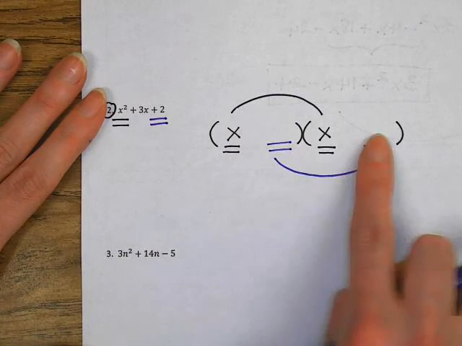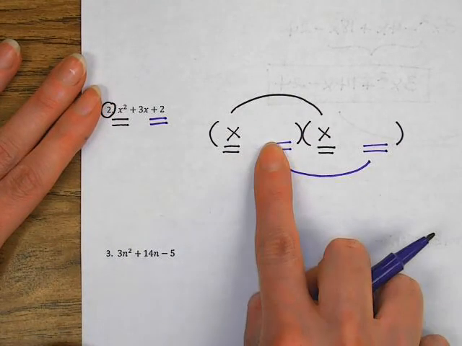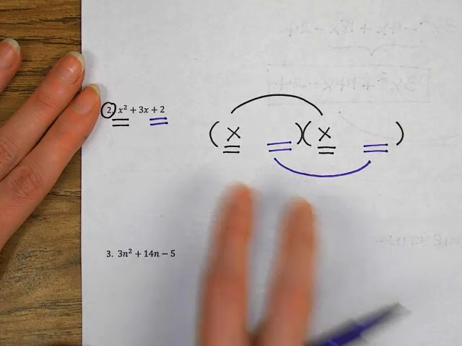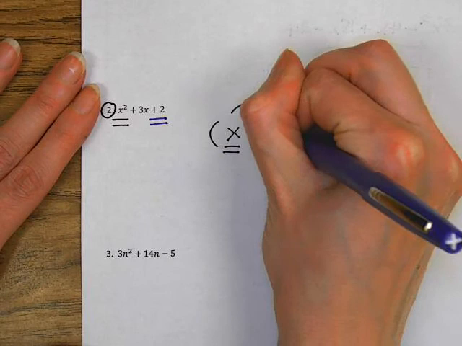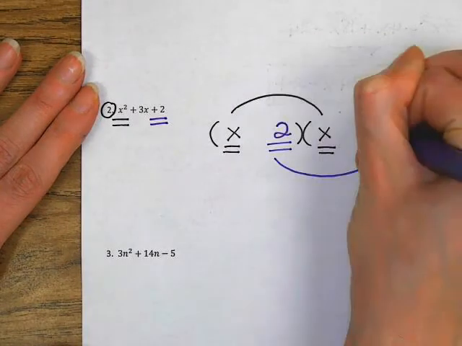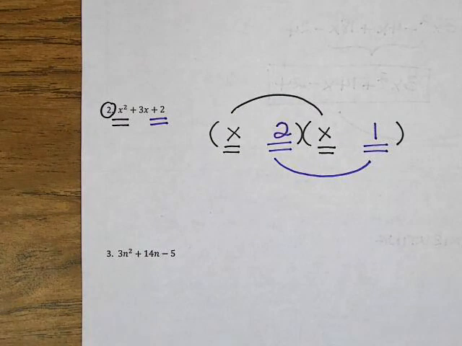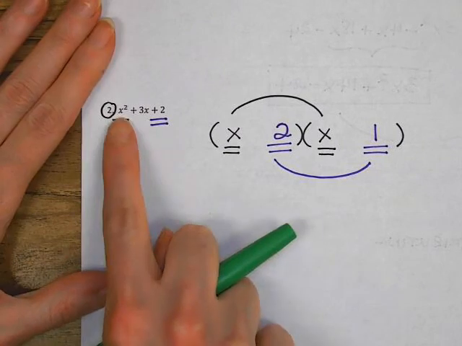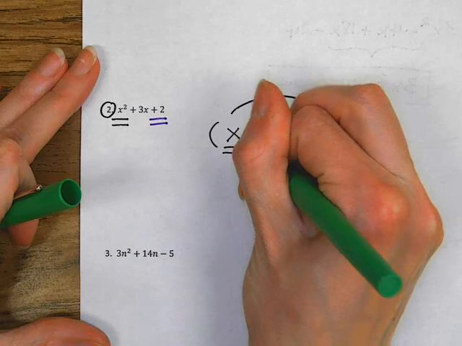So one of these numbers has to be a 2, and one of these numbers has to be a 1. And luckily, on this type of problem, it doesn't matter. So your choice. You could put the 2 here, and you could put the 1 here. The order doesn't matter. And then another thing you have to do is say if they're positive or negative. Well, this one's easy because if everything's positive, then they both have to be positive.